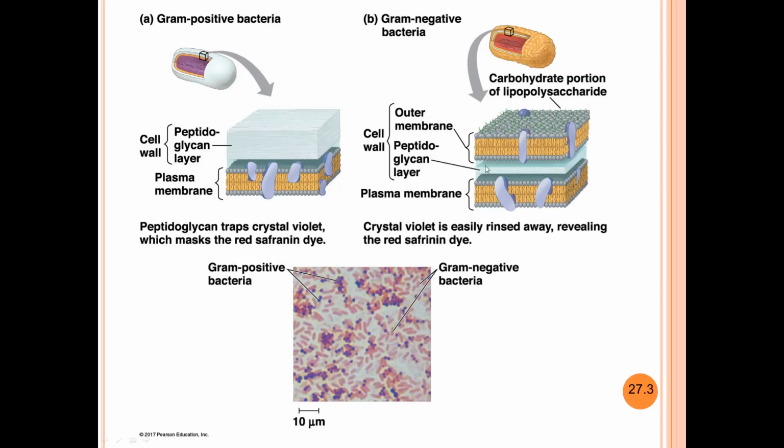Over here you do the same layers, the same stains, but I don't have a thick layer of the peptidoglycan to absorb the stain. That stain is going to go over this outer lipidy slimy layer, which will then wash off. And so that makes this guy here look very dark purple, like you're seeing here, that are labeled the gram-positive bacteria. And if you can tell, the shape of those would be the cocci.